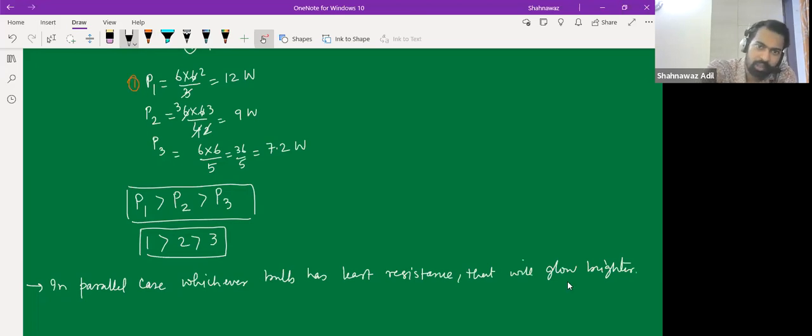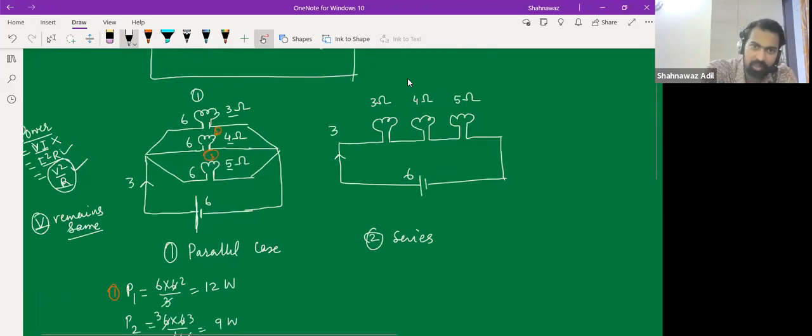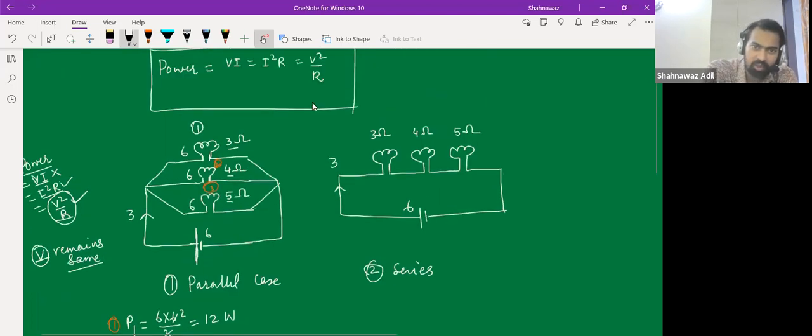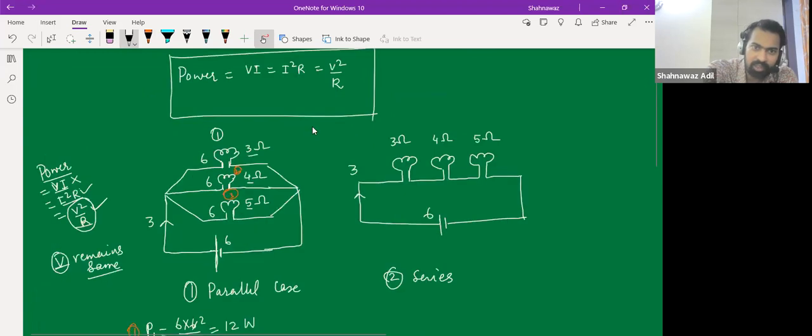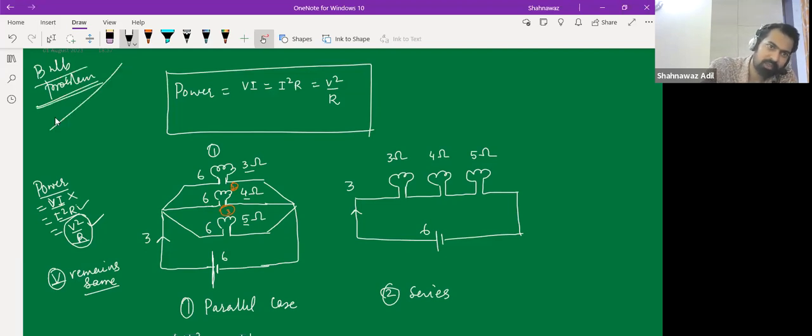Now you guys first note it down and then tell me about this. This is the bulb problem. Note it down, and whenever you want me to scroll down the page, tell me.